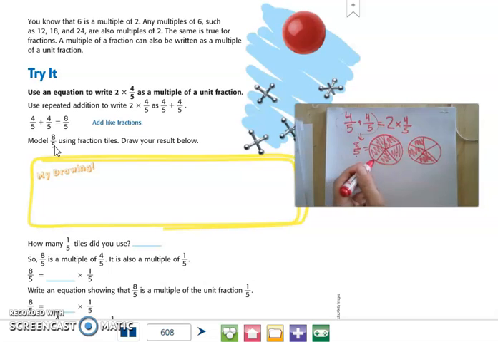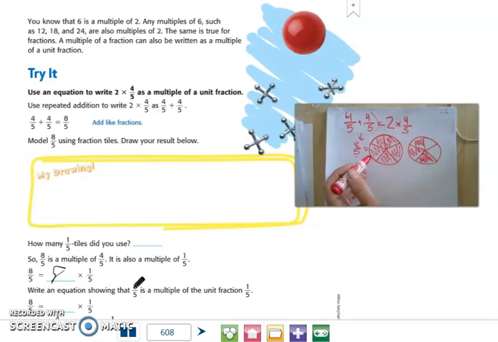Okay, so if I were to write that as a mixed number, does it ask us how many 1/5 tiles did we use? 1, 2, 3, 4, 5, 6, 7, 8. That makes sense because it was 8/5. So 8/5 is a multiple of 4/5. 8/5 equals 8 times 1/5.